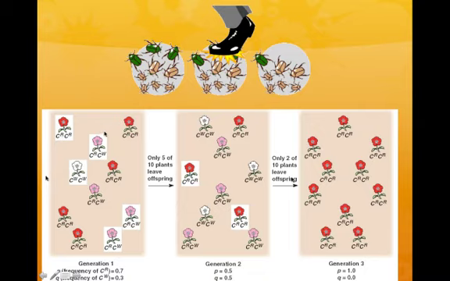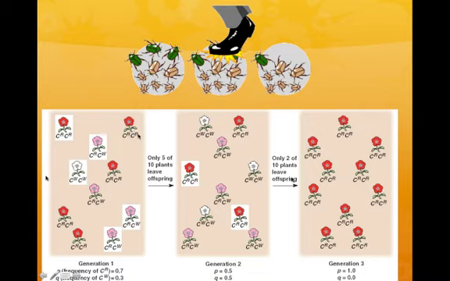Now, only 5 of 10 plants leave offspring. Depending on which 5 leave offspring, our next generation is going to be different or the same, depending on which offspring come from what parents. Here, we find that our allele frequency changes. All right? Based on this example, we can find that some individuals may or may not be having an advantage.